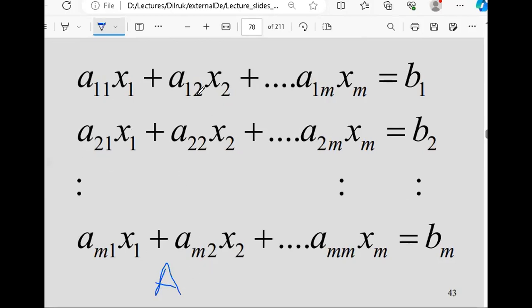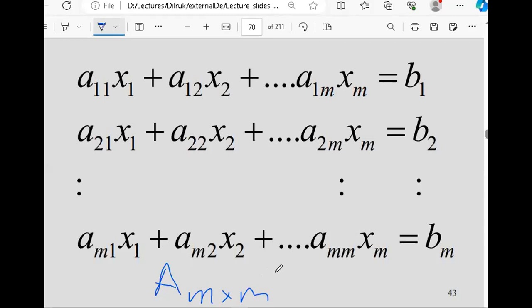What is the dimension? It is the number of equations: n equations. And how many variables are there? n variables. So the dimension of the coefficient matrix is n by n, a square matrix, right?